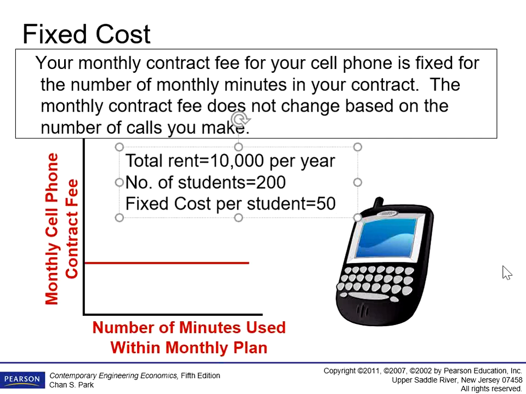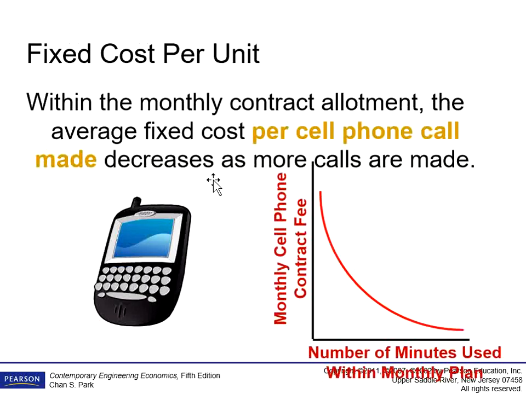So this is an important concept again, which we'll look at. Within any range, what will happen to the per unit cost? It will decrease as you increase the number of units. If you increase the number of units, your fixed cost per unit will decrease.